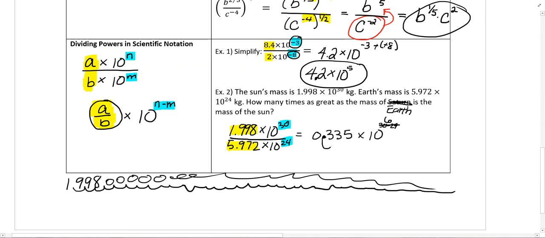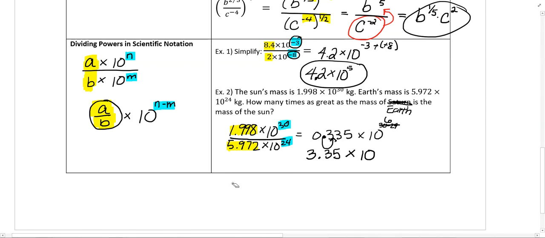We are going to have to move our decimal to the right once, so that it's 3.35 times 10 to the. Okay, so then when we do that, we have to consider what our new exponent is going to be. So if you're unsure, let's get rid of all this. We can expand out the original answer.